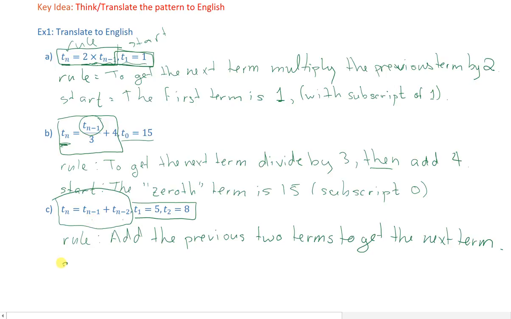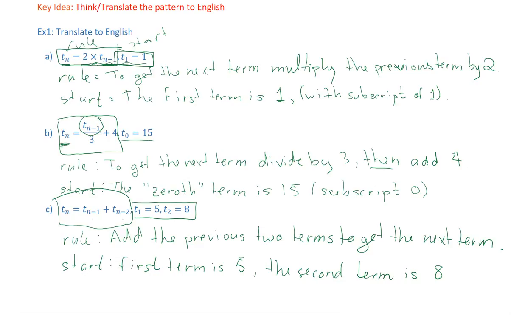So the start, getting less technical here: the first term is 5, and the second term is 8. That's the basic idea of what a difference equation looks like and how to interpret it, because that's often part of the challenge.